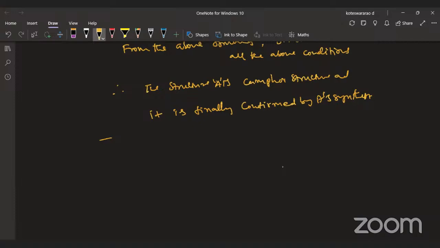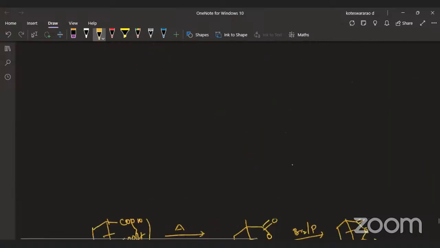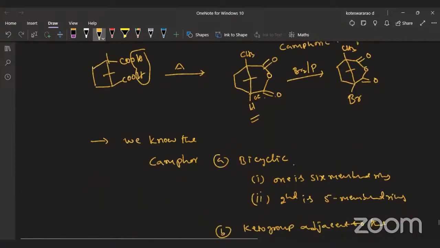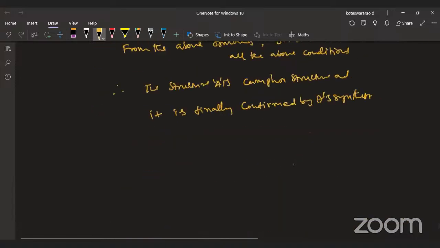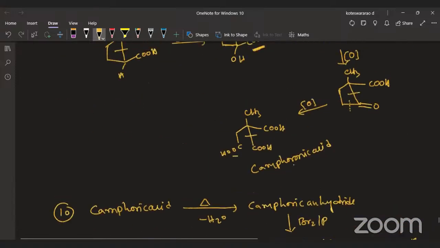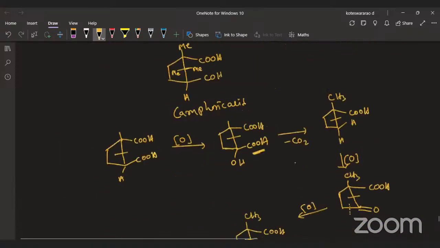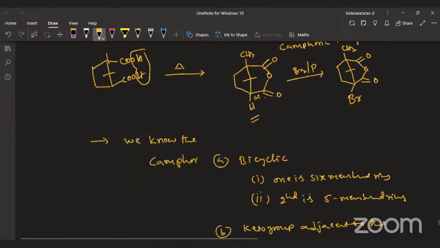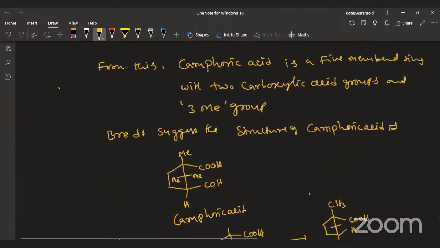This is the structural illustration of camphor. Sir, are the degradation method and this method the same? Where are you asking about the degradation method? The structure of camphor using the degradation method and this method will be the same. This is different, no?